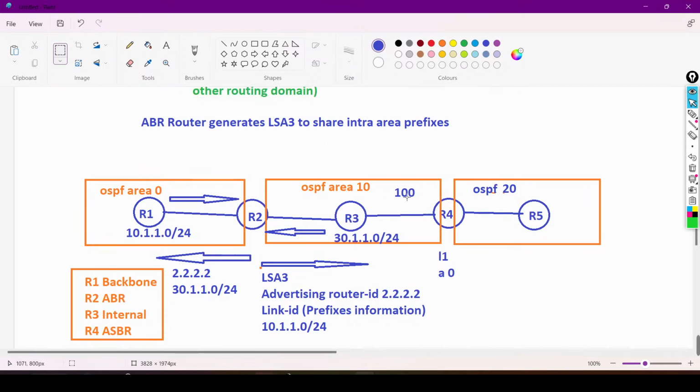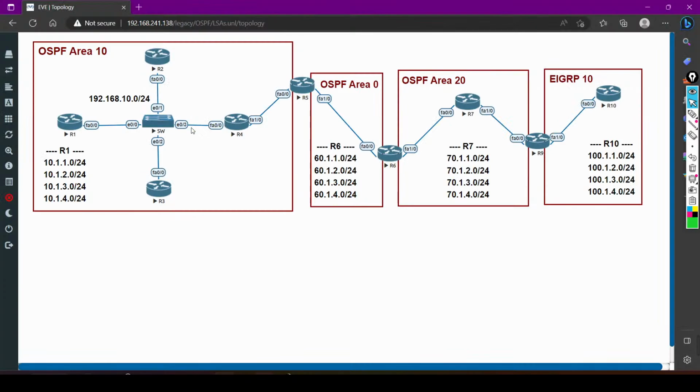Now in LSA 1, if you remember, let me show you again how LSA 1 looks. Here I am going to capture the link between router 1 and switch 1.